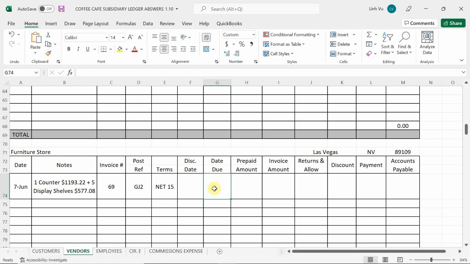So again, I can take my date here, add 15, and I'd get the 22nd.